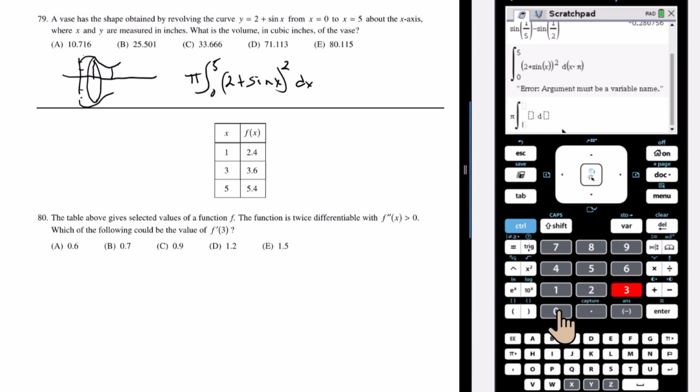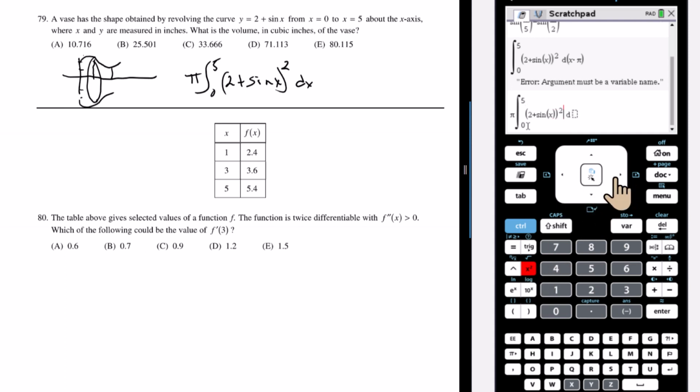I'm going to integrate from 0 to 5 of, notice I need parentheses because what I'm about to type in is more than one term being added together. So I have 2 plus the sine of x. And I'm going to jump outside that, square it, and write a dx.